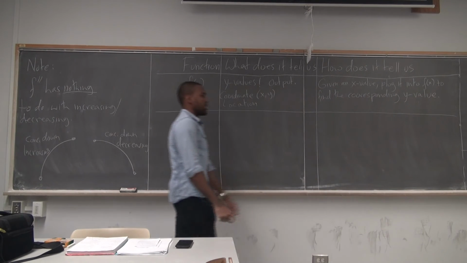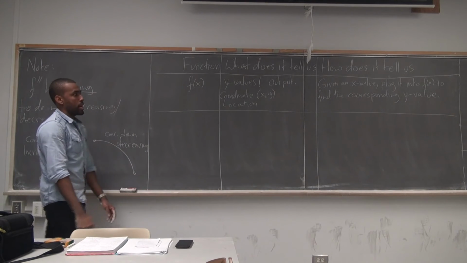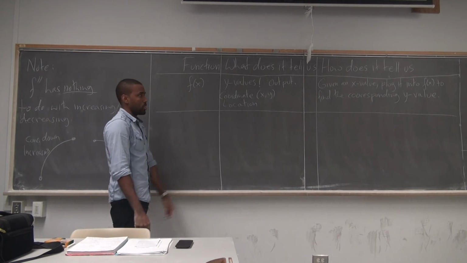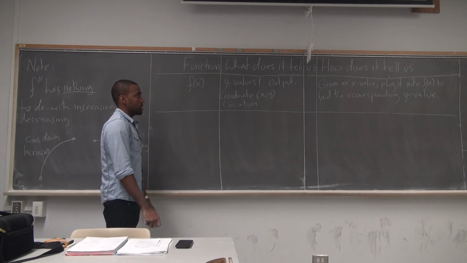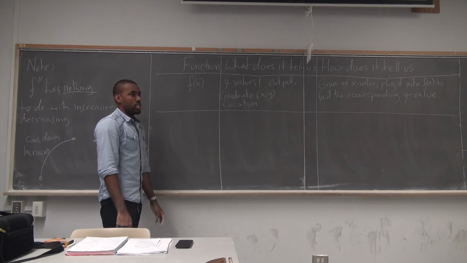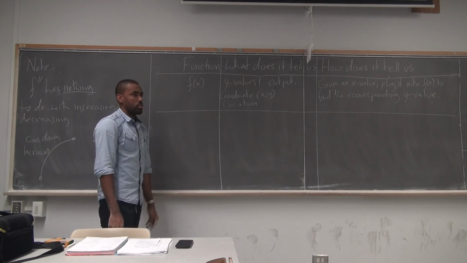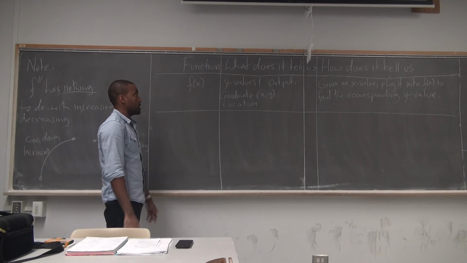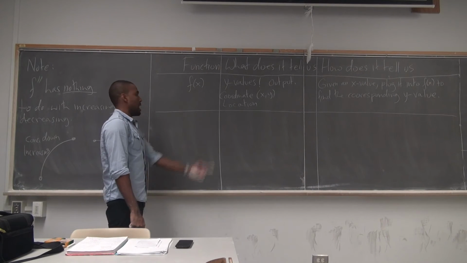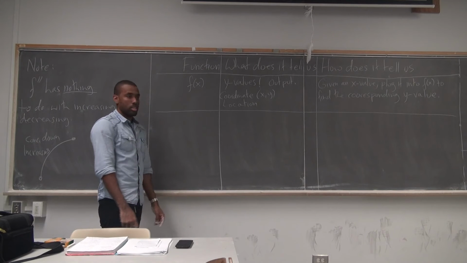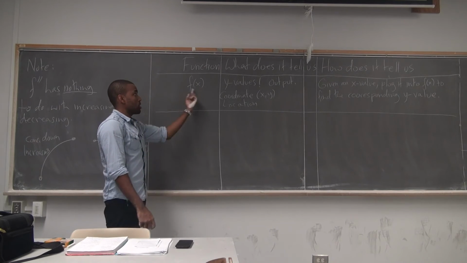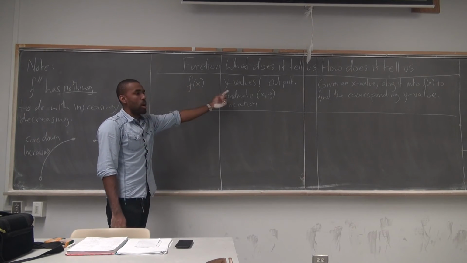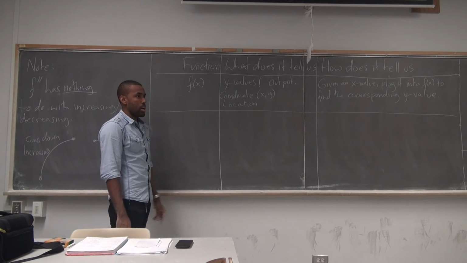At any point, I need to find the location of something, a point that's on my curve, I will look at the original function. That's what it tells me about. If I want to figure out increasing and decreasing, I do not look at the original function. It does not give me information about that. If I want to figure out concave up or concave down, I do not look at the original function either. The only thing the original function gives me information on is the y values, the outputs, the coordinates on my graph.